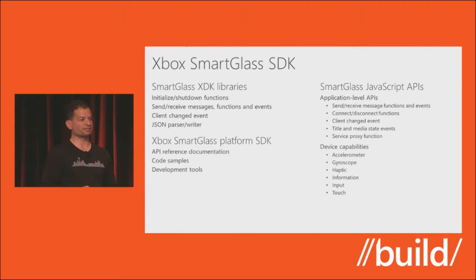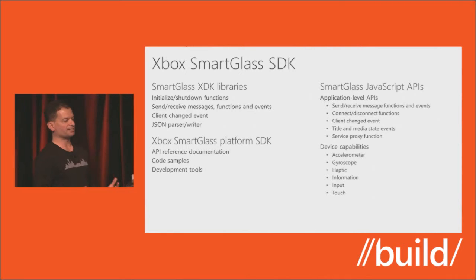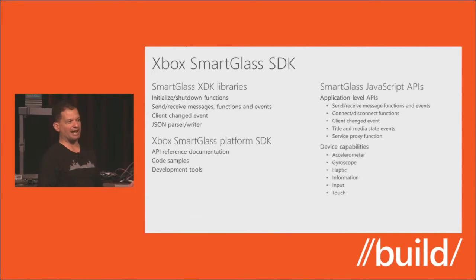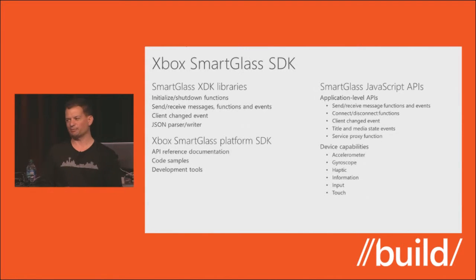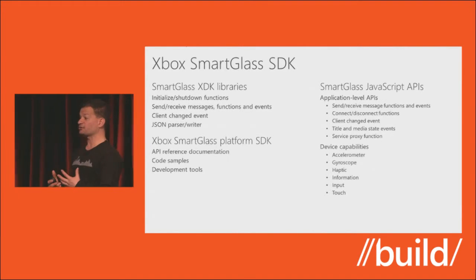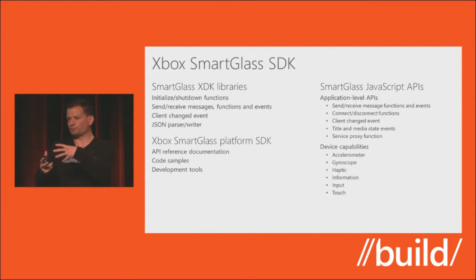And then the second piece that the SDK provides, and this is super powerful, is this idea of device capabilities. So today, inside the browser, generally device capabilities like your accelerometer and your gyroscope or haptic feedback to vibrate a device, those things aren't available inside the browser.